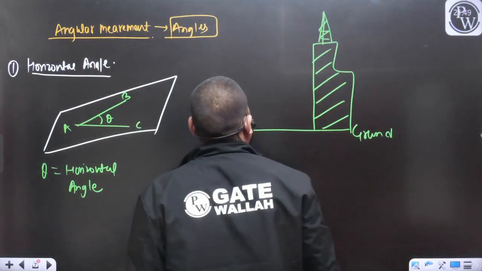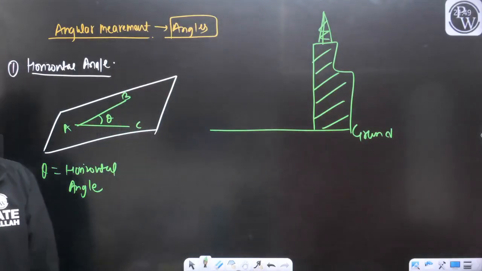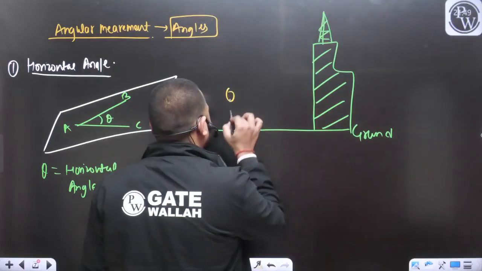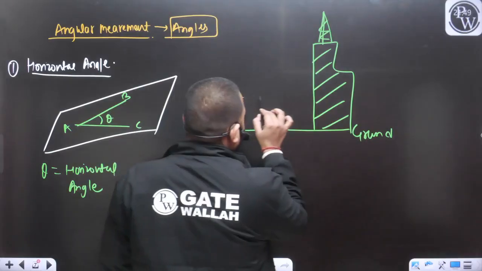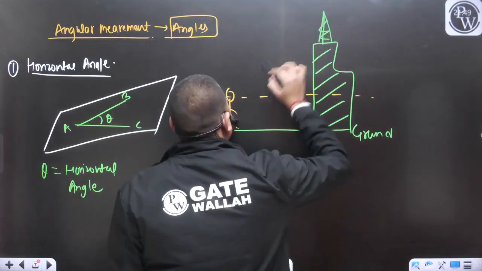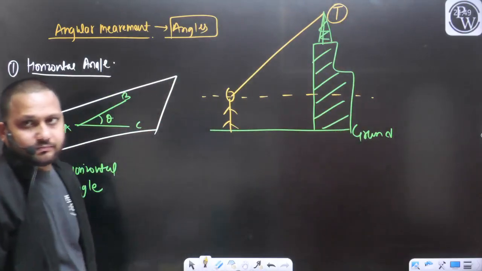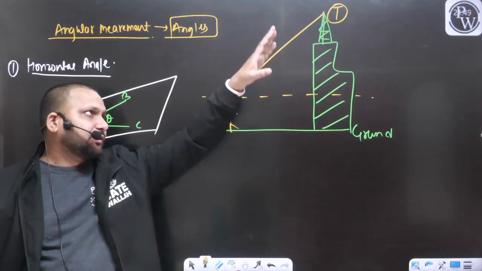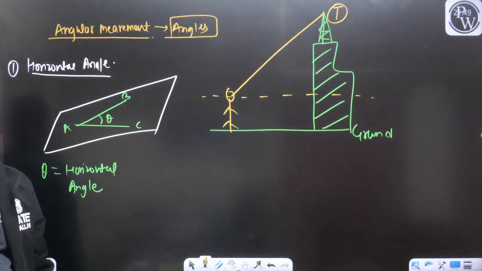You are standing here, something like this, and from this point you are sighting the top of the tower, that is point T, from the ground itself.